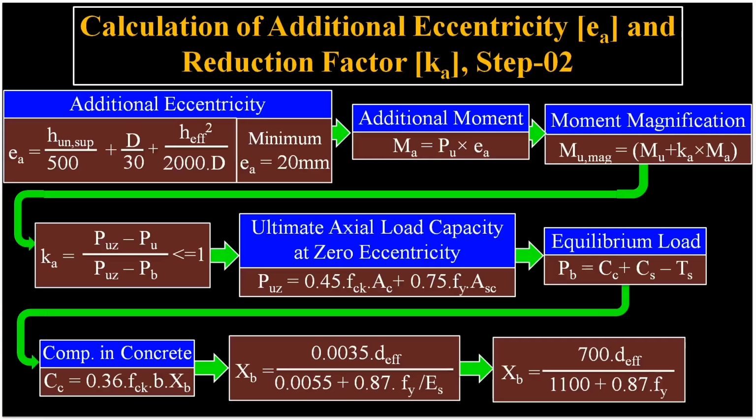Simplified form of XB equals 700 times DEFF divided by 1100 plus 0.87 by Fy. Now, let's move to the next slide for more formula regarding the calculation of reduction factor Ka.